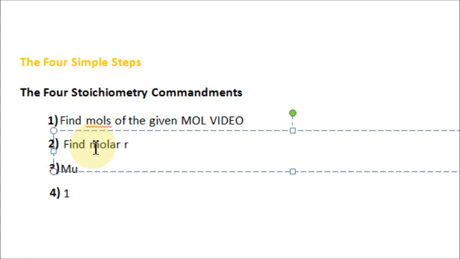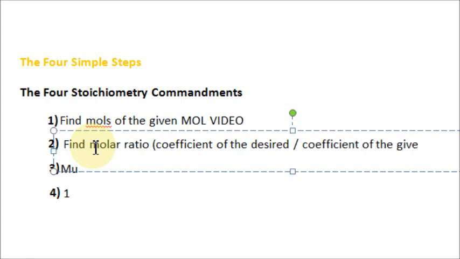Step 2 is find the molar ratio, which is merely the coefficient of the desired over the coefficient of the given. Yeah, you've probably never heard of that before, but it's really easy. It's literally just coefficient of the desired over coefficient of the given.